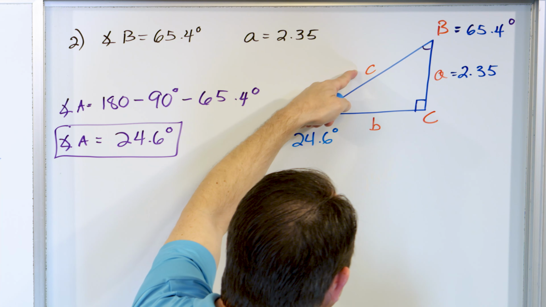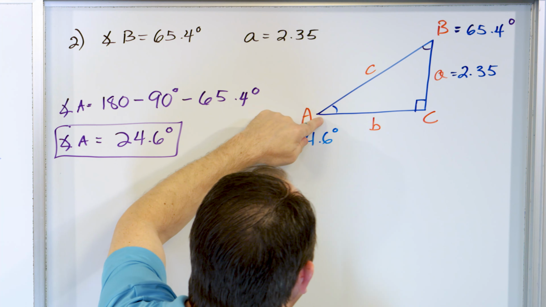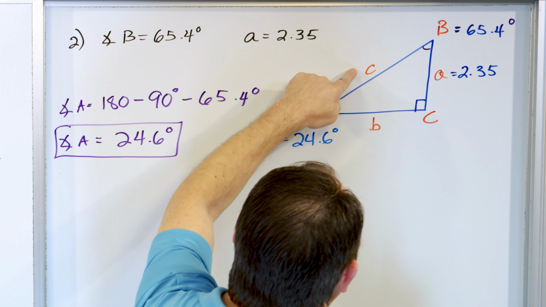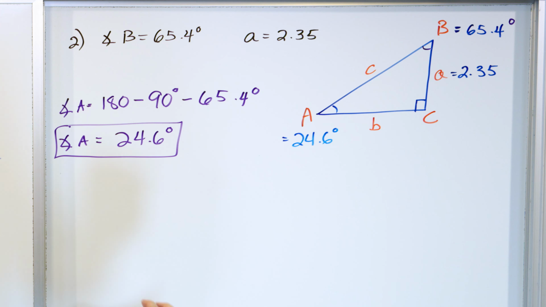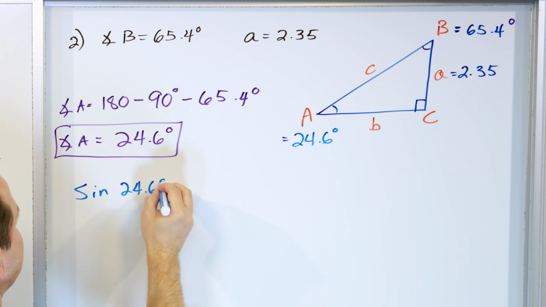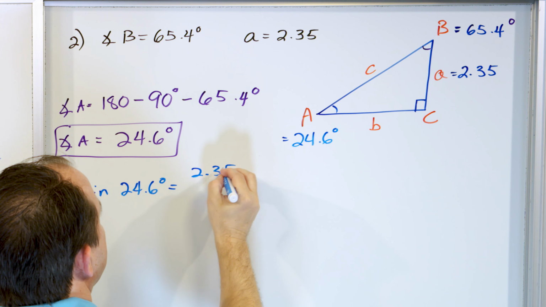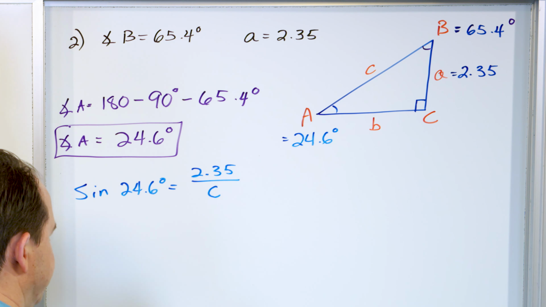But I need the hypotenuse, so I'm going to solve for the hypotenuse first. The sine of angle A, which is 24.6 degrees, has got to equal the opposite side, 2.35, over its hypotenuse, which is C, like this.